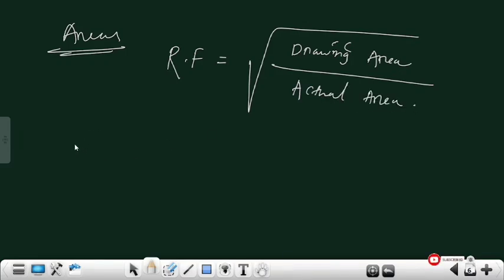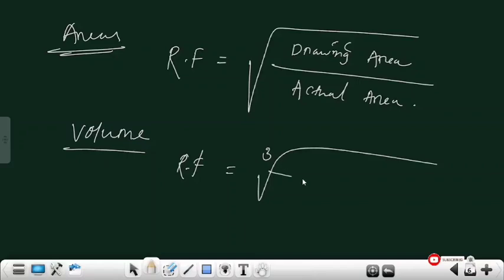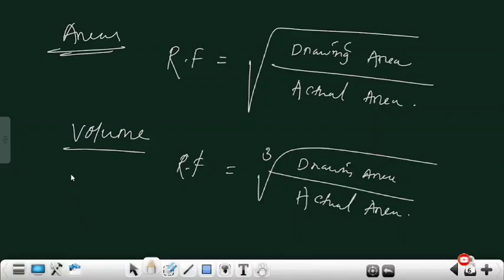And if it is in terms of volume, RF is equal to cube root of drawing volume divided by actual volume. Okay, this is all the theory portion.